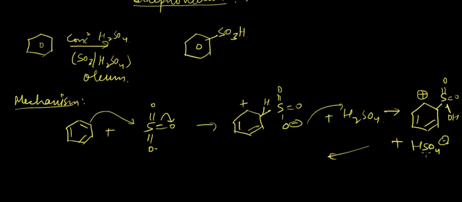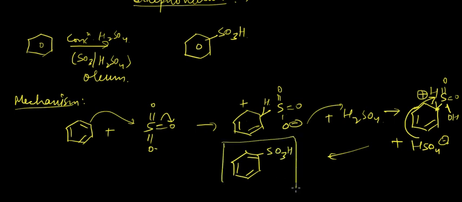What this HSO4 does is, again, it acts on this hydrogen and removes it, creating a negative charge here, and thereby this carbon atom forms a double bond with the neighboring positively charged carbon atom. So we have something like this formed. Obviously H2SO4 is released. So this is the major product formed in this reaction.